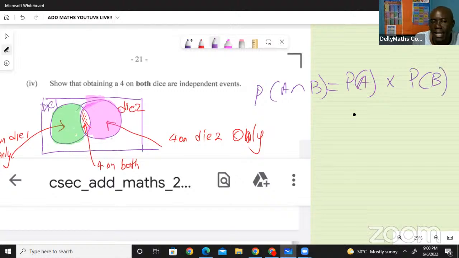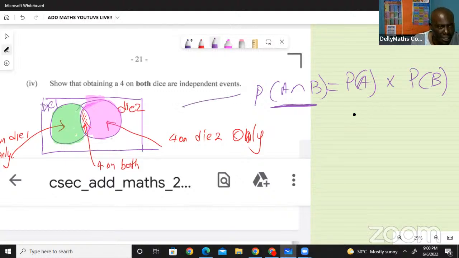The moment you can prove that, you can make the statement that when 2 events A and B are independent, the probability of A intersect B is equal to the probability of A times the probability of B. If you get the same number on both sides, then you are showing it in another way.